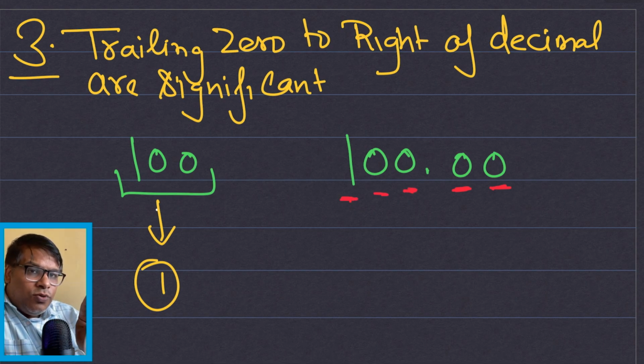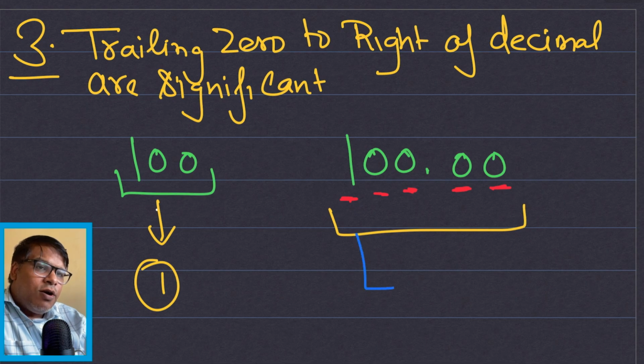I have told you that 0 in between significant digits also becomes significant. So your trailing 0s after the decimal are significant, and on the other side you have 1, which is significant. So when you have 0 in between significant digits, it also becomes significant. So total number of significant digits, how many?